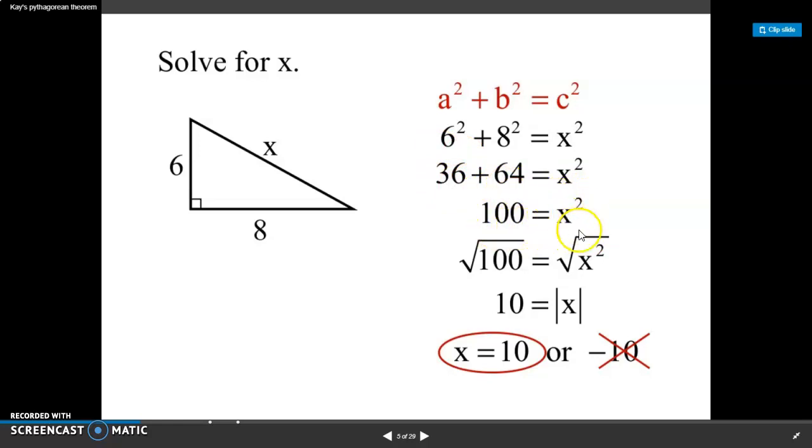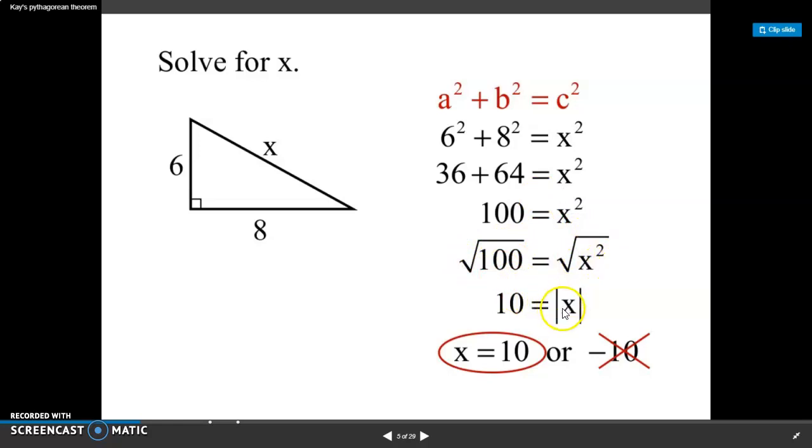To find x, since x square is x multiplied by x, we need to take the root. This is the root of each of these values. The root of x square is equal to the root of 100.